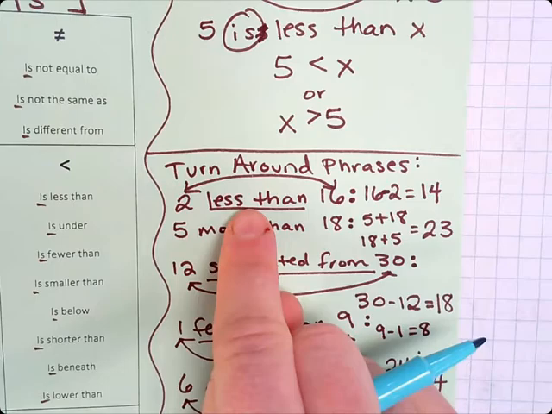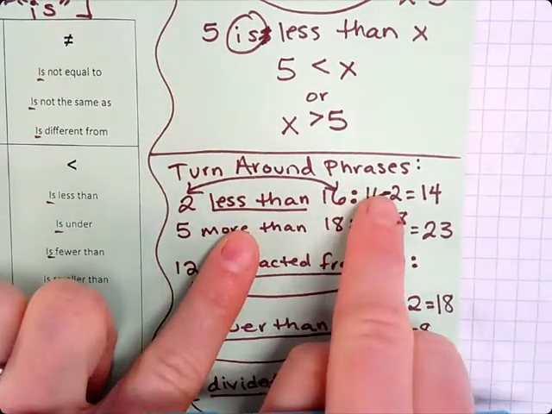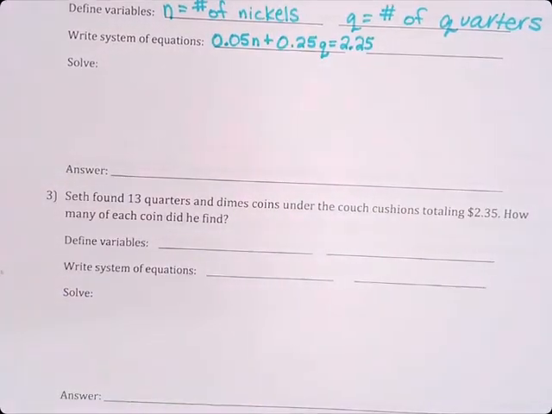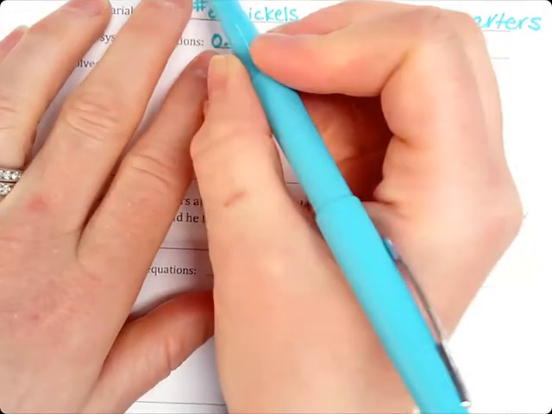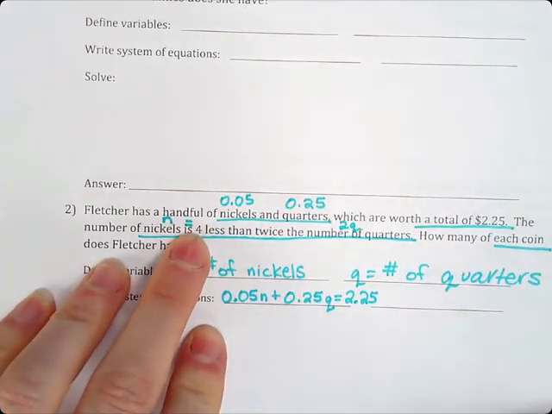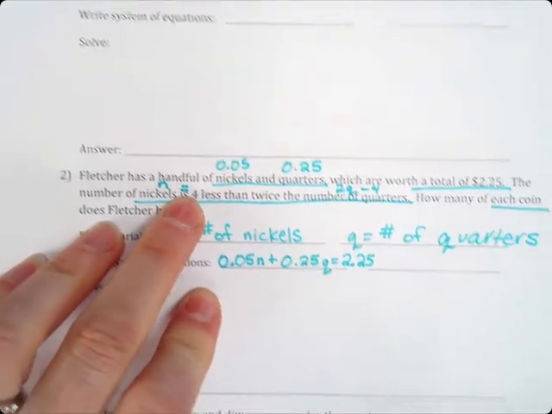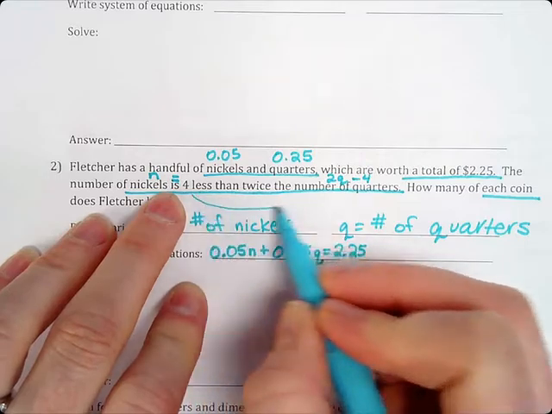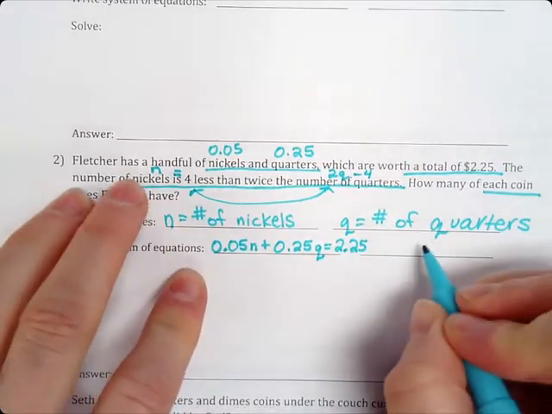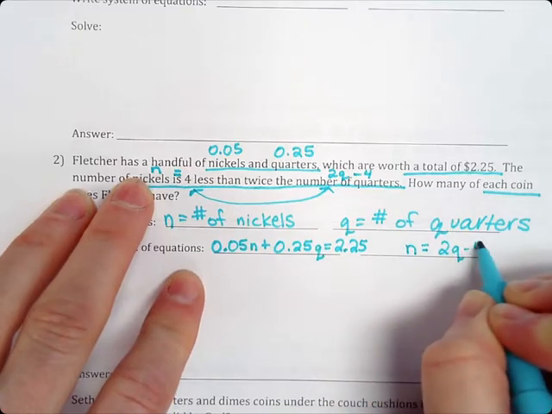If it's 2 less than 16, that really means I'm going to turn these numbers around and say 16 minus 2. So if it says 4 less than twice the number of quarters, that means I'm going to take 2Q and subtract 4 from it, because it's a turnaround phrase. So we can write this as N equals 2Q minus 4.